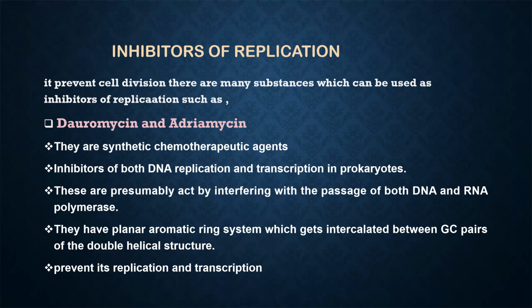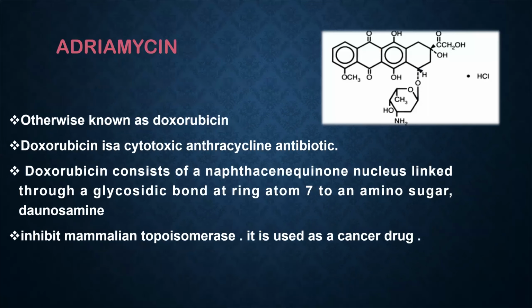They have a planar aromatic ring system which gets intercalated between GC pairs of the double helical structure. They also prevent replication and transcription. The second one is adriamycin, otherwise called doxorubicin.